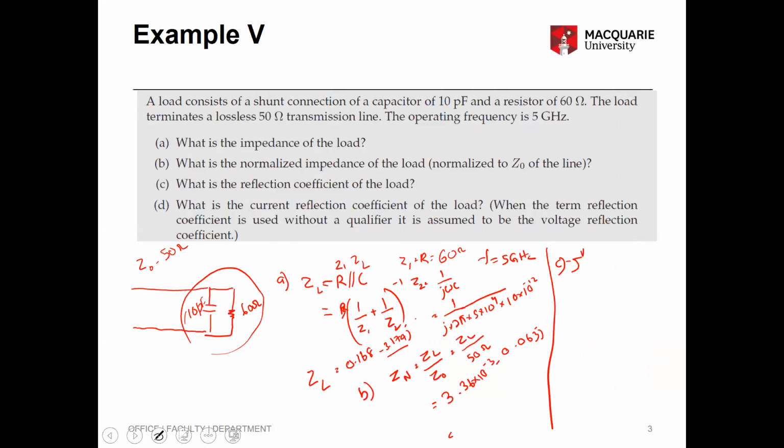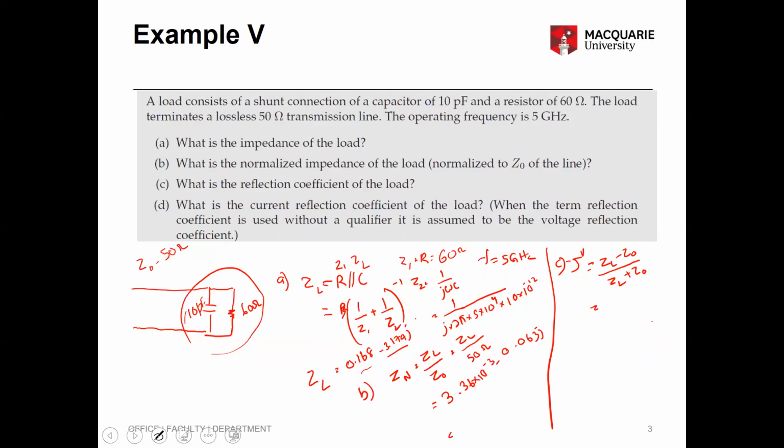So what is the reflection coefficient of the load? If they don't mention anything, it's talking about the voltage reflection coefficient. So the reflection coefficient is Z load minus Z0 divided by Z load plus Z0. Now you already found Z load and Z0, so you can sub in those values. Because it's normalized already, you can just use the normalized value. If you haven't normalized it, you could use this value, but then Z0 is 50 ohms.